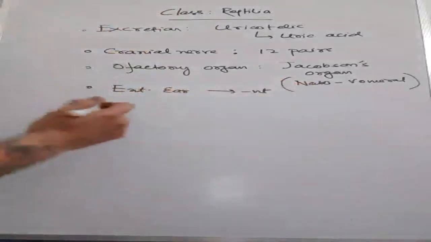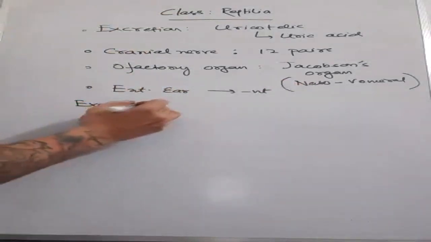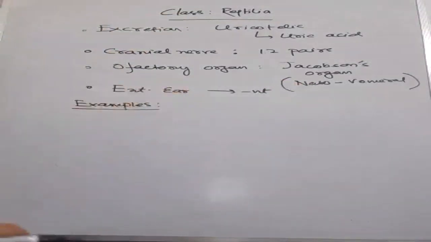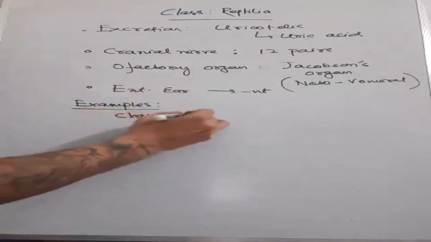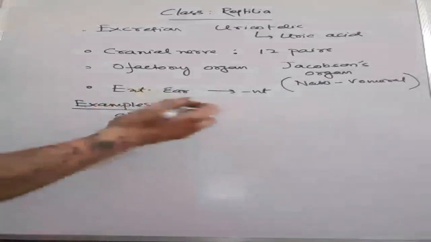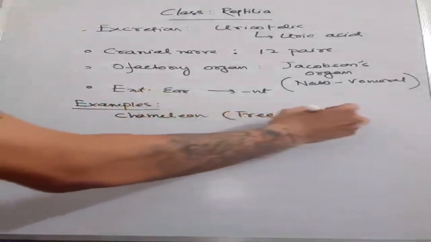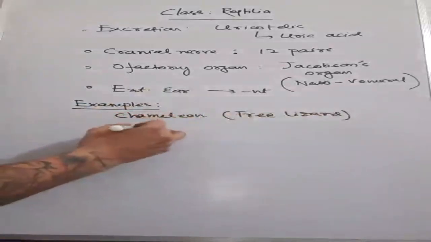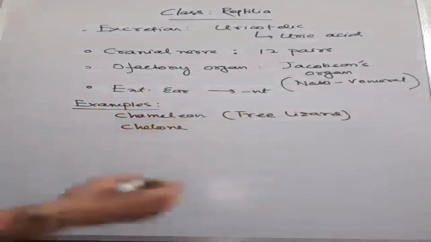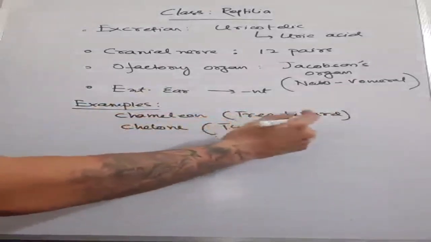What are the precise examples that you need to study regarding reptiles? The first one is chameleon. Chameleon is known as the tree lizard. Next is Chelone, also known as the turtle, its common name.